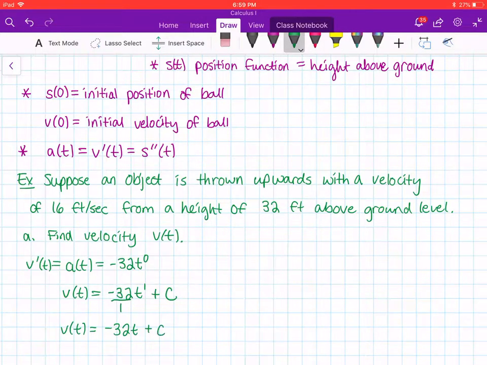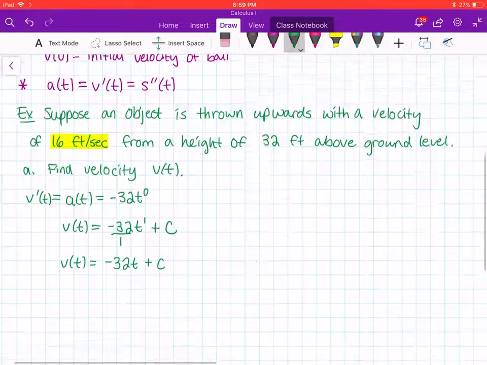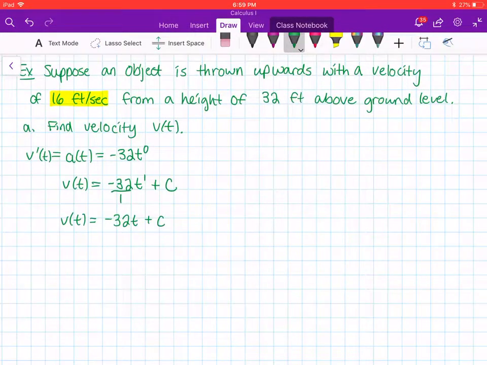Now, the question is, can we figure out what c is? And we can, because we're given some extra information. We're given that the object is thrown upwards at 16 feet per second, so v of 0 equals 16 feet per second.